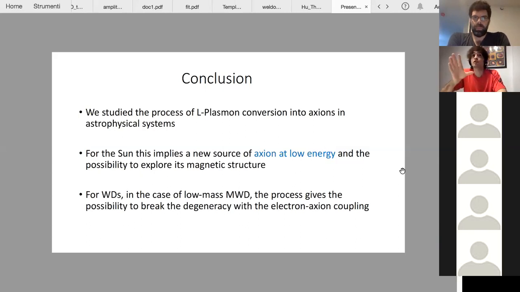First of all, for sure you can do all this kind of stuff and conversion in really every plasma. So in clusters of galaxies, in galaxies, we are even thinking about some application maybe in the early universe. I didn't check what happens actually in the cluster of galaxies. I would guess the magnetic field is very small. Just to give you an idea, the galactic magnetic field is like 10 to the minus 6 Gauss.